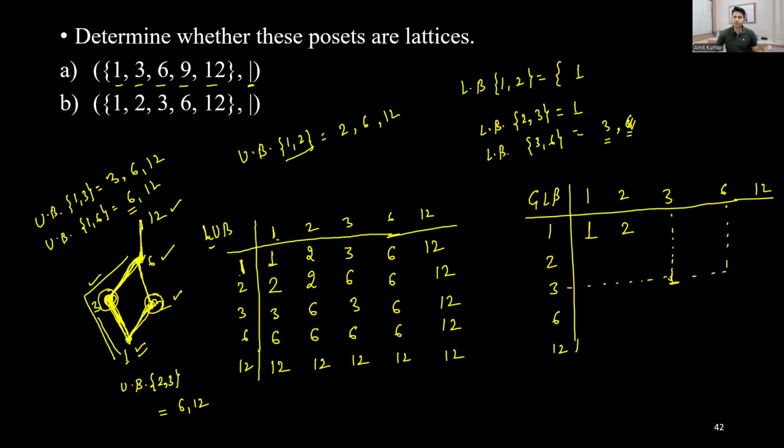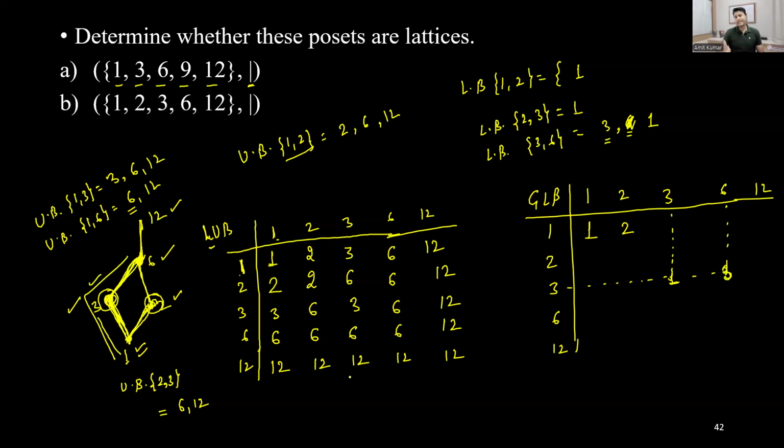Not 6, because 6 is the lower bound of itself, but 6 is not the lower bound of 3. Out of these two, which is the greatest one? As per position, 3 is the larger one. So this entry comes out as 3.